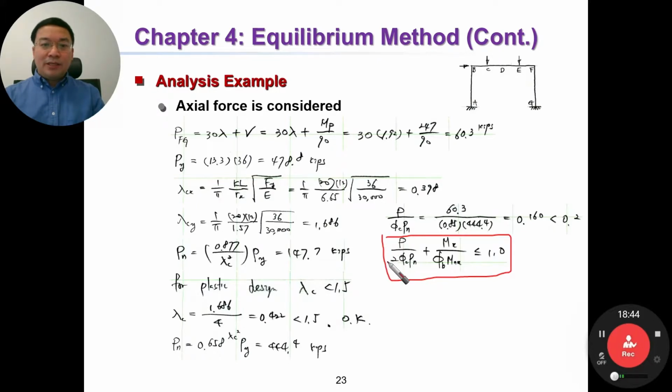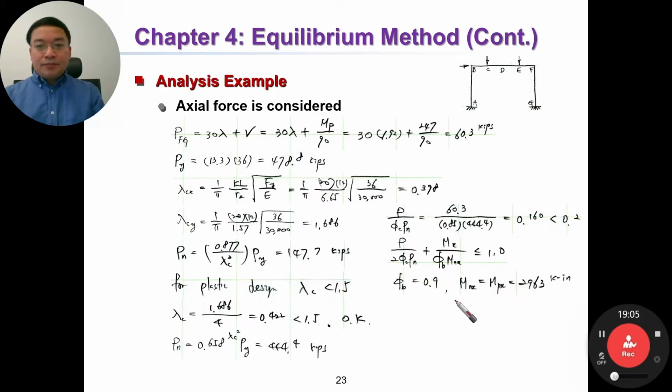Then we have P, phi c, and Pn, and this one equal to this one divided by 2, okay, and Mx, and this is 0.8, and Mnx should be equal to 1. And here, Mnx is equal to Mpx, Mp, and equal to this one.